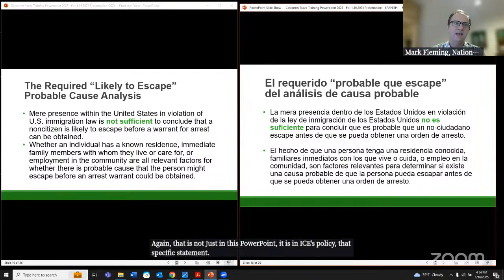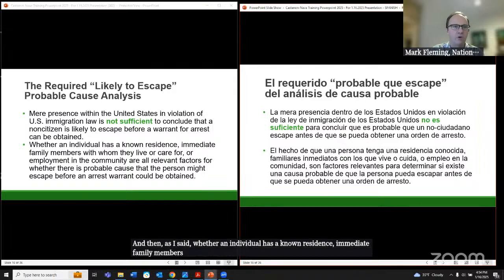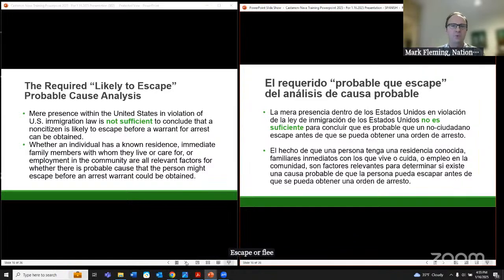And then, as I said, whether an individual has a known residence, immediate family members that they live with or care for, employment, and other relevant ties to the community, these are all relevant factors that ICE must consider when making a probable cause determination as to whether the person might escape or flee before they could make an arrest on a warrant or before they could obtain the warrant. Next slide.